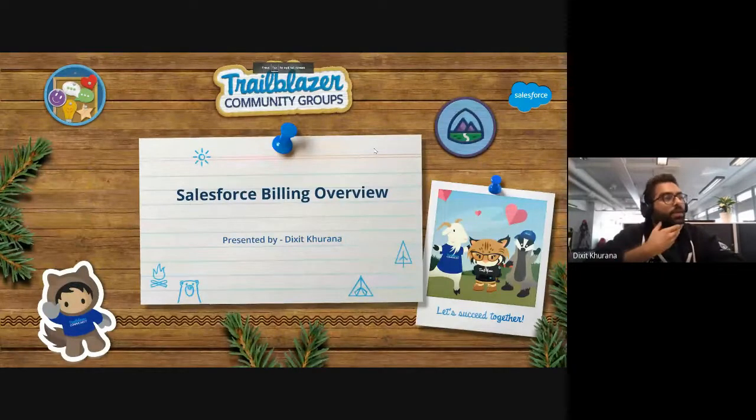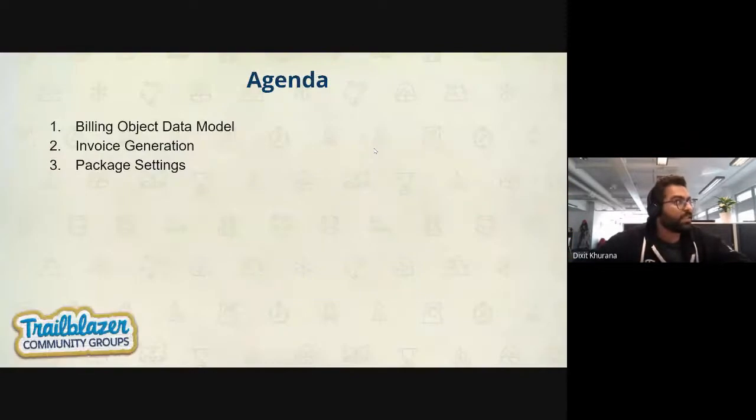Today we are going to see how invoices are generated in Salesforce Billing along with CPQ. Every time you have any product in the Salesforce ecosystem, it's important to understand the object model, so the first and most important thing is the object model.